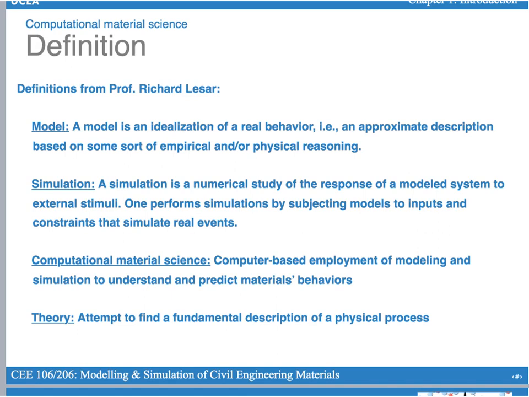So it's necessarily an idealization, a simplification, an approximate description that is based on some kind of empirical or physical reasoning. The idea is that if you have a given behavior, you can just look at certain types of observations, certain types of data, and build an empirical model that is not based on your physical understanding of the problem, but just on looking at data and observation.